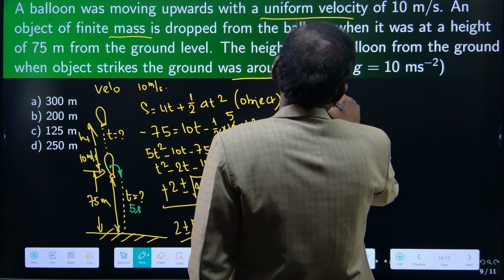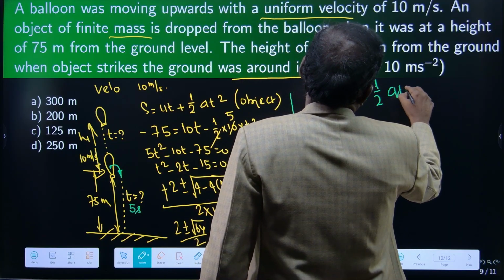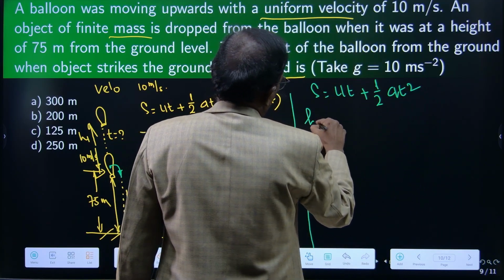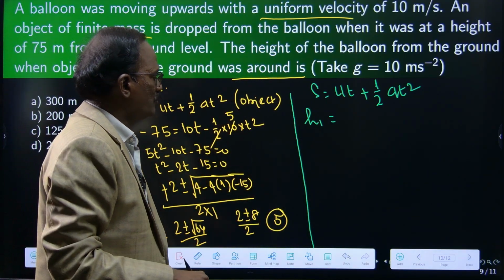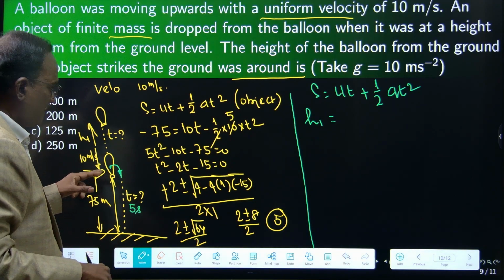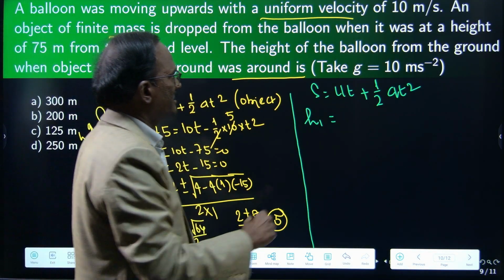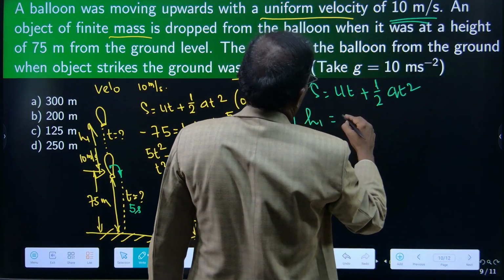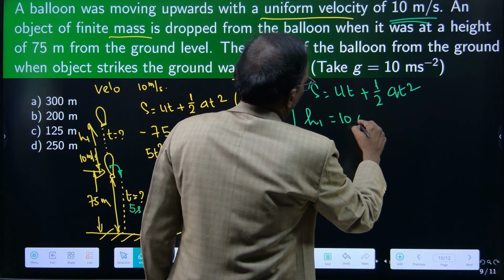S is equal to, once again, this formula, ut plus half a t square. I am writing h1 equals u t plus half a t square. What is the velocity u? It is 10 meter per second, and this is constant. The time is 5 seconds.